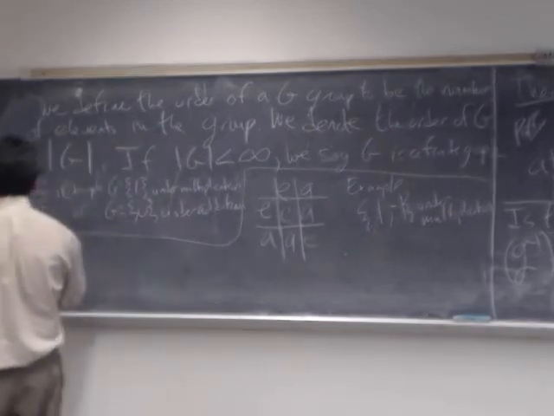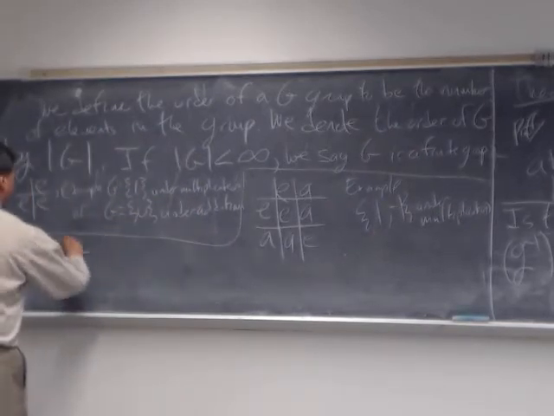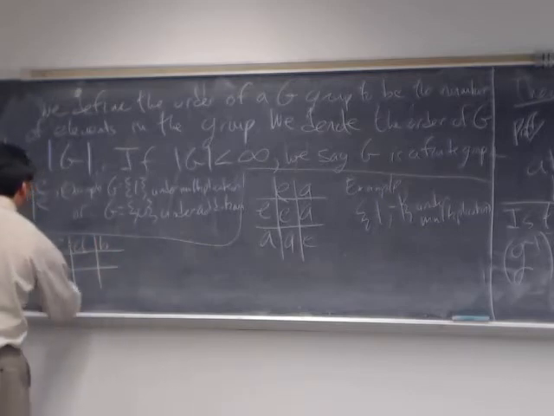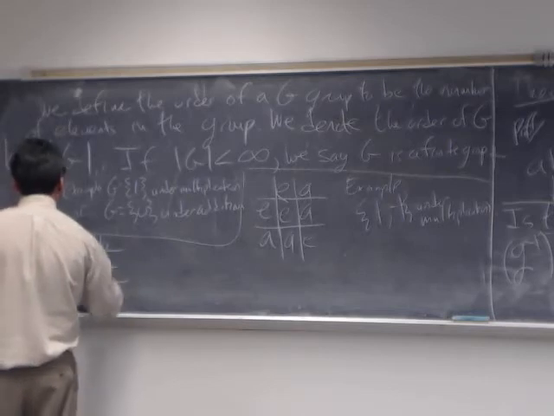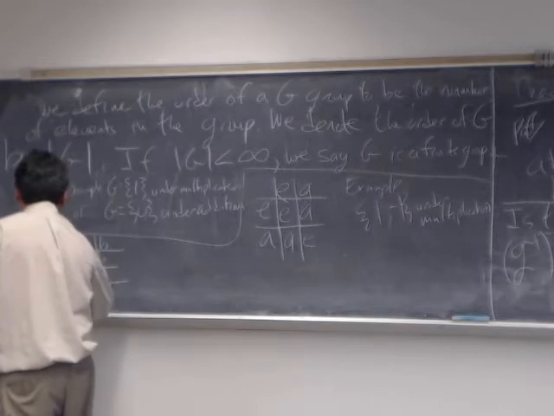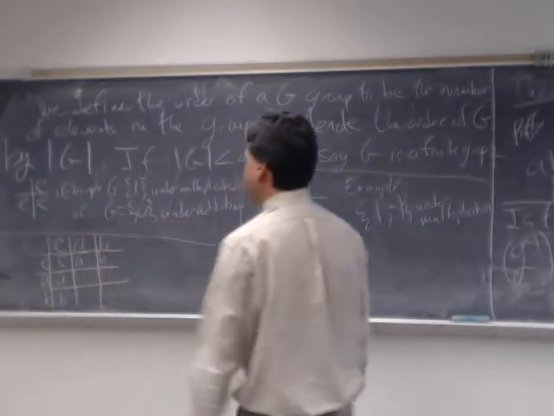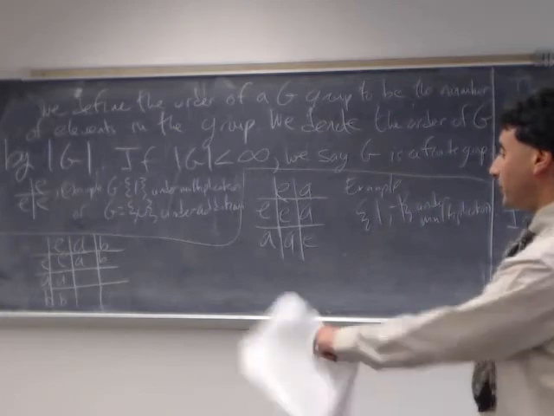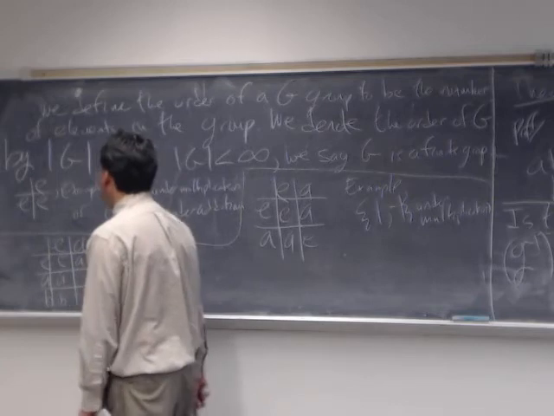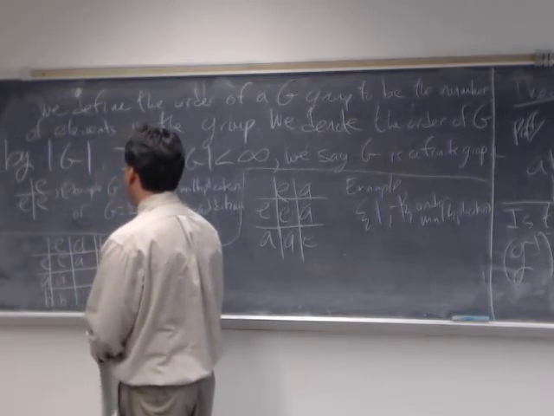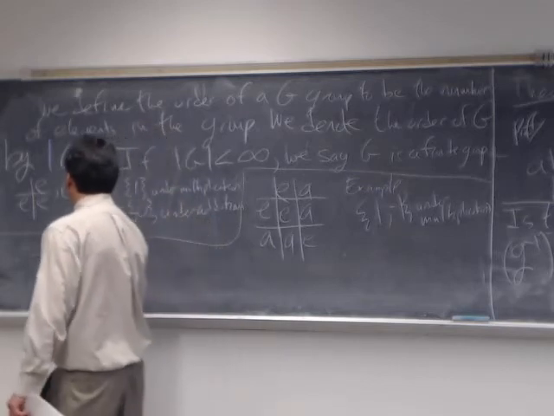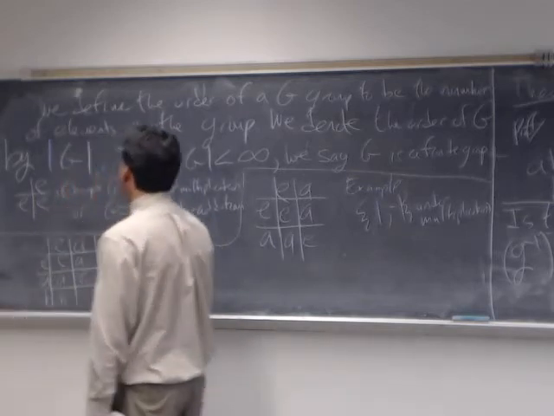What about a 3-element group? Suppose you have the identity and an A and a B. And as before, the top row and the first column are the same as the labels on the row and column. Then what could A times A be? Could it be E? Could we put an E there?